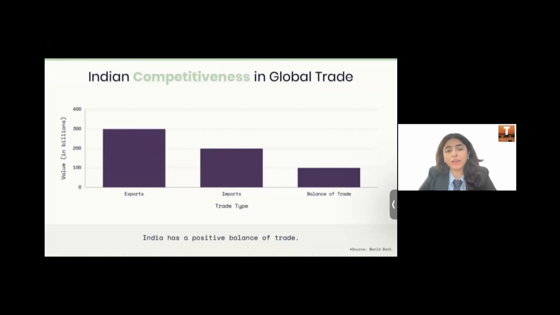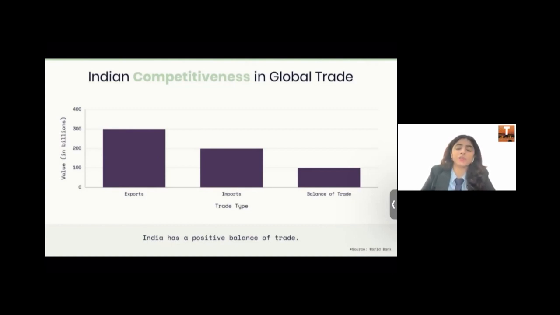The Indian government has implemented various initiatives and reforms to enhance the ease of doing business and promote trade. Initiatives like Make in India, Digital India, and Skill India aim to boost manufacturing, digital infrastructure, and skill development, respectively, further contributing to India's competitiveness in global trade.